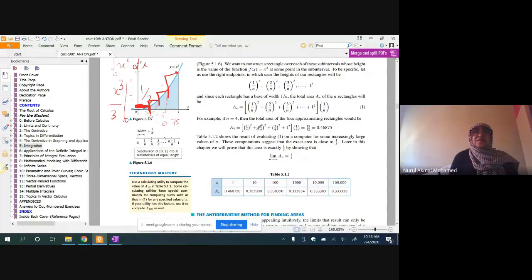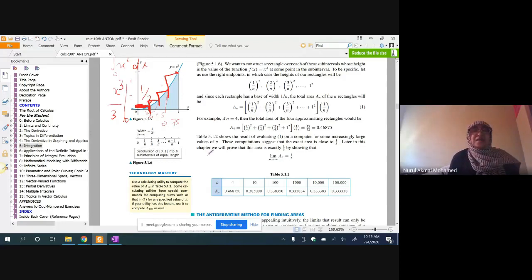So these four numbers are the height of each of the rectangles. You know that the area of the rectangle will be the height multiplied with the length of the base. So you total up all the numbers for the height and you multiply with the base, which is 1/4. So the answer will be 0.46875.